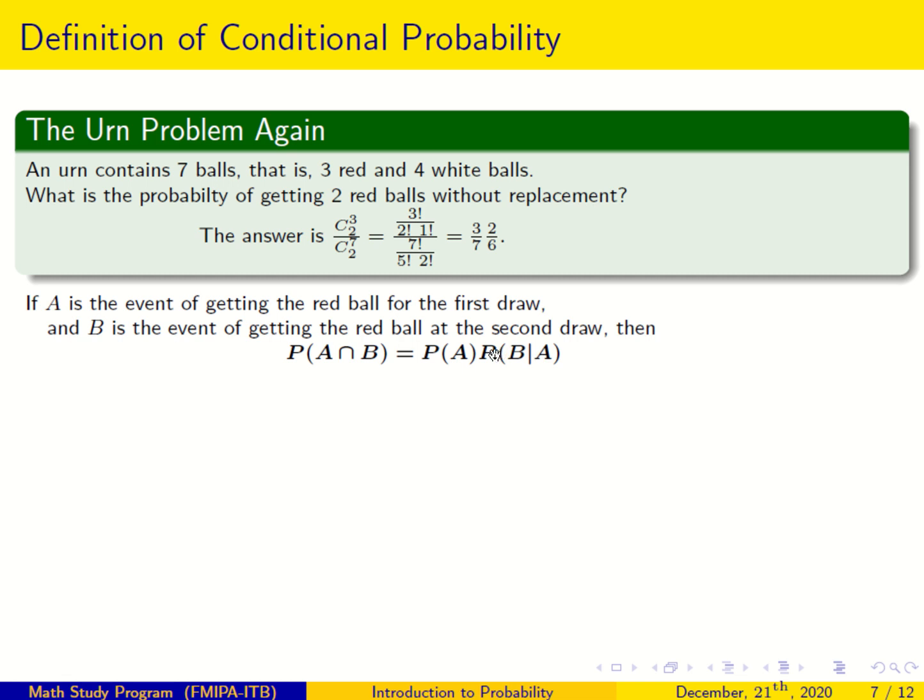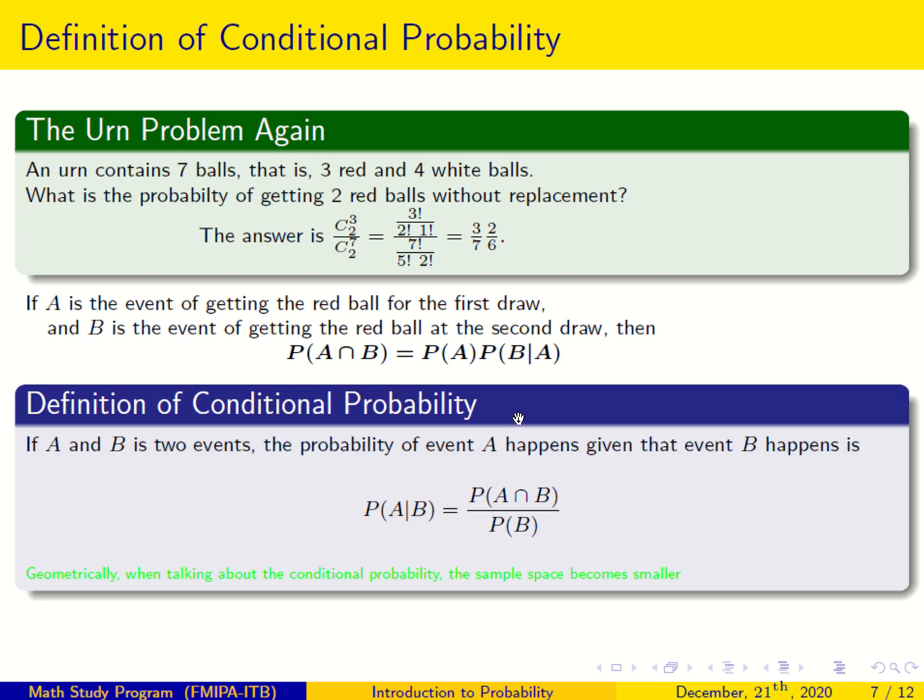Okay, so I can define the probability of B given A as the probability of A intersection B divided by the probability of A. So I have this as our conditional probability.